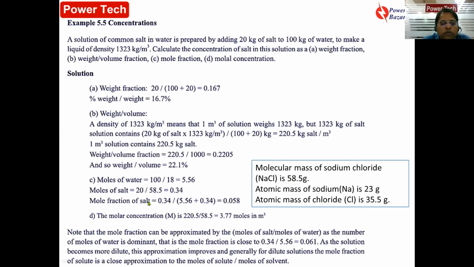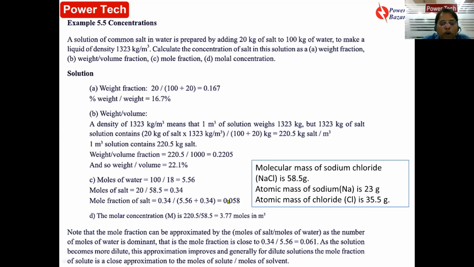So mole fraction of salt, we have studied in the theory that mole fraction of any component is moles of that component divided by moles of all the components. So it becomes 0.34 divided by 5.56 plus 0.34, it becomes 0.058. Now what is the molar concentration? 220.5 kg salt is there in a meter cube.